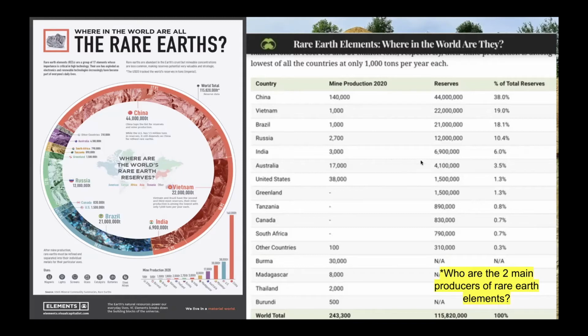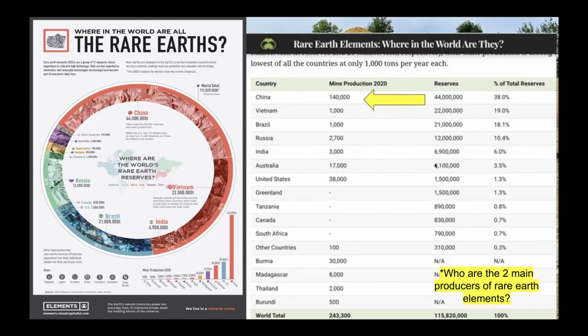On this side, we have this chart, and this is showing us the mine production. So notice who the two main producers of rare earth elements are according to this chart. And hopefully you guys said China, which makes sense considering they have the largest amount of reserves.